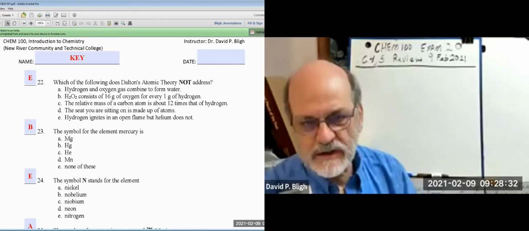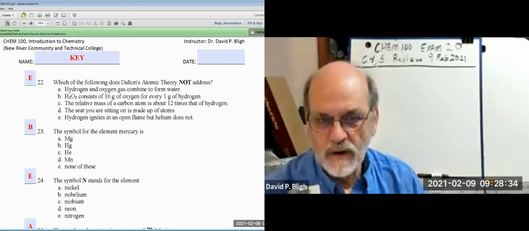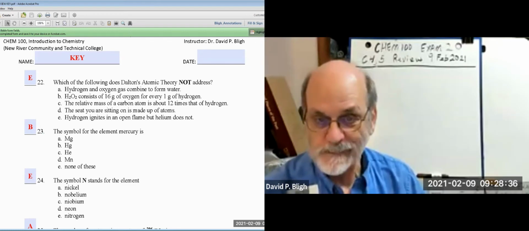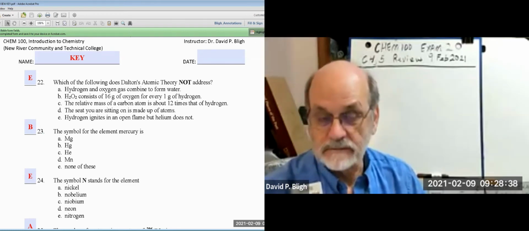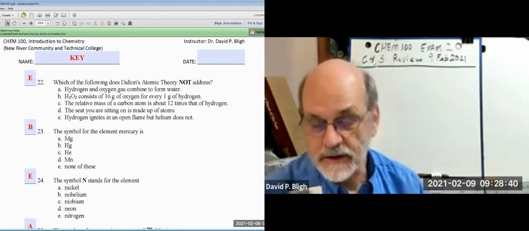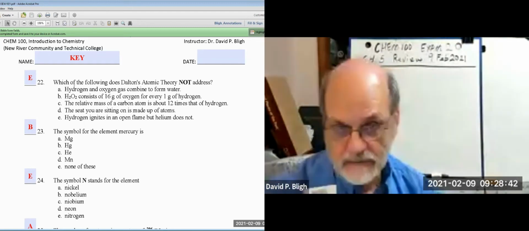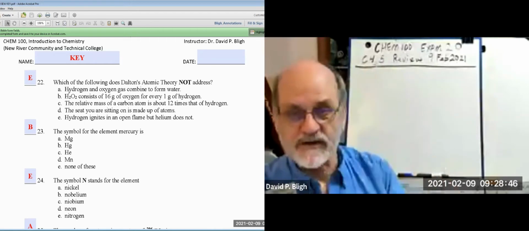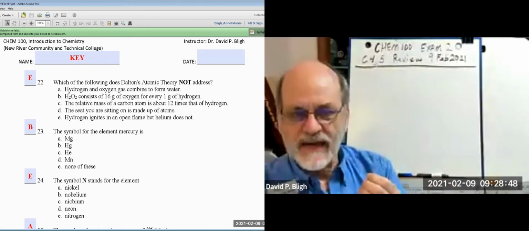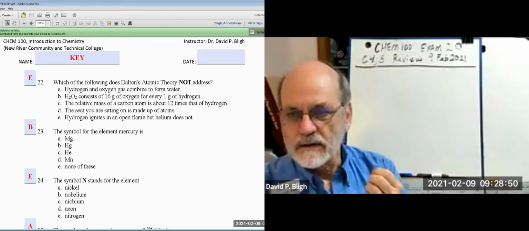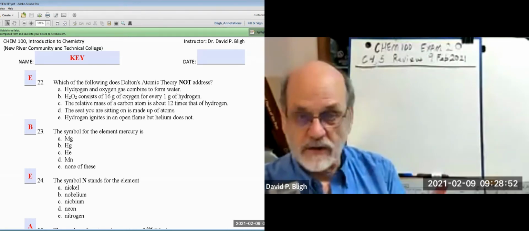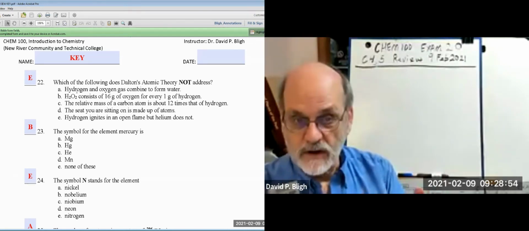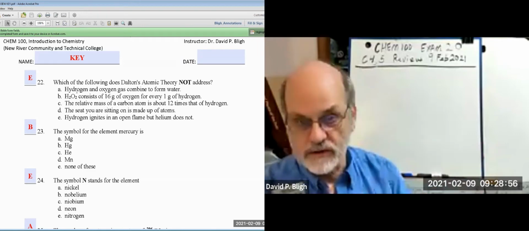Hydrogen and oxygen gas combine to form water. Yeah. Dalton explains why that is. What he's saying, and this part of Dalton's theory addresses that, is that you don't create atoms, you don't destroy atoms, you just rearrange atoms.